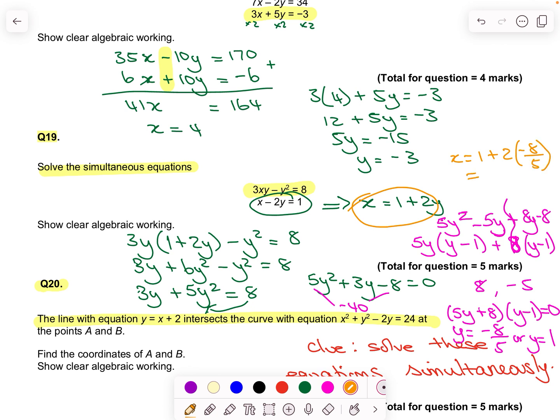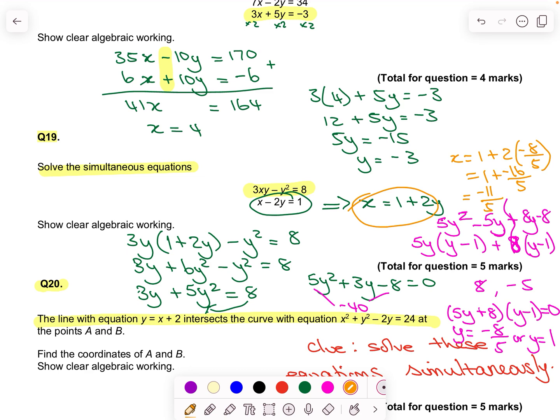So x equals 1 plus minus 16 over 5, which would give me, trying to do this in my head, minus 11 over 5. Obviously check this with your calculators that I've got this right, and you're going to check it against the mark scheme anyway.